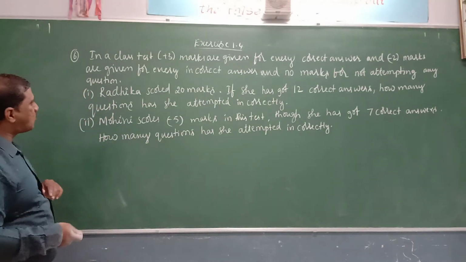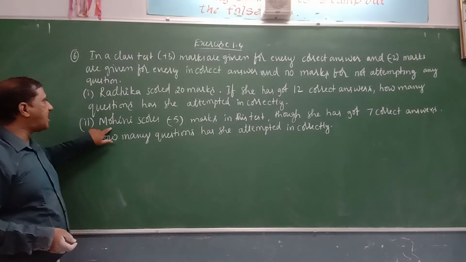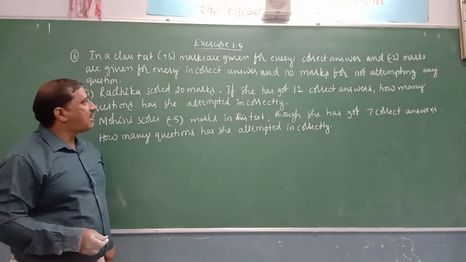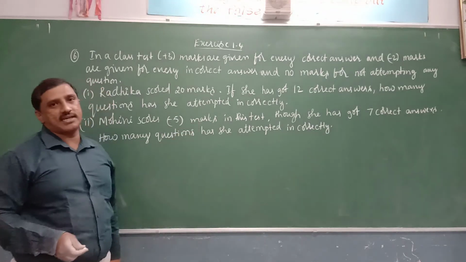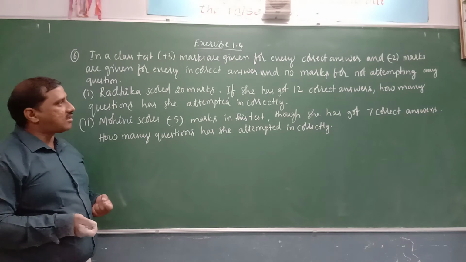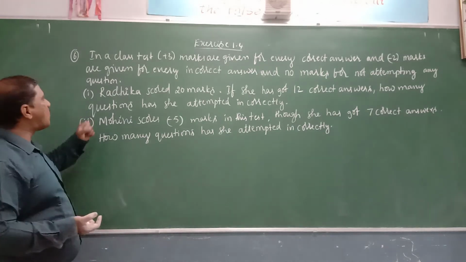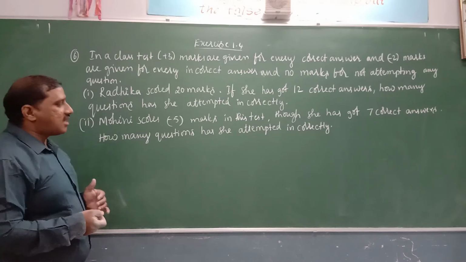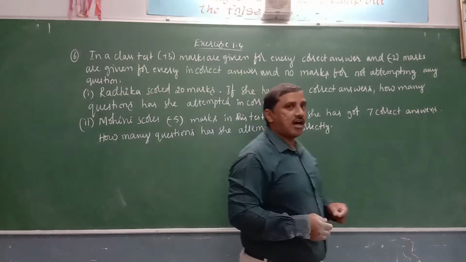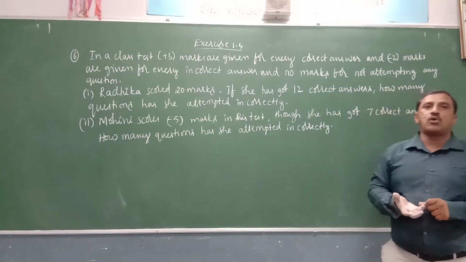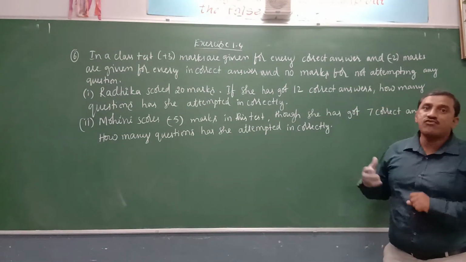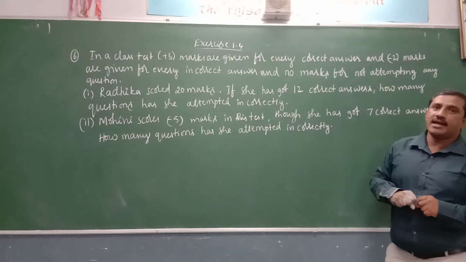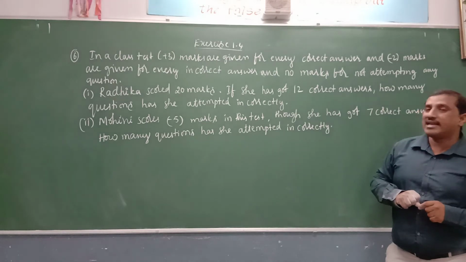So here 2 students are there, Radhika and Mohini. Radhika scored 20 marks. If she has got 12 correct answers, how many questions has she attempted incorrectly? If we know the marks scored for incorrect answers, we can find the number of questions which she wrote incorrectly.